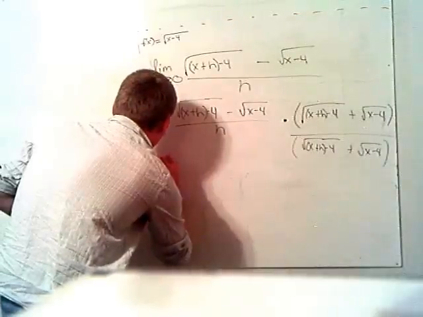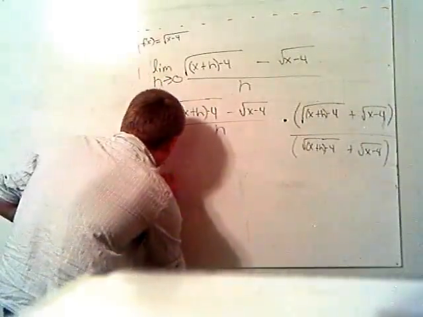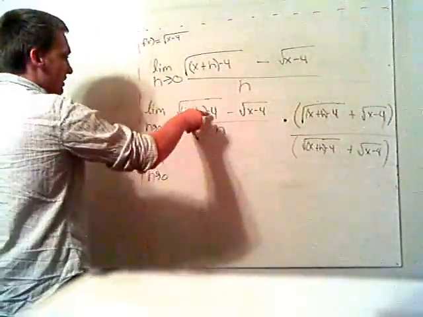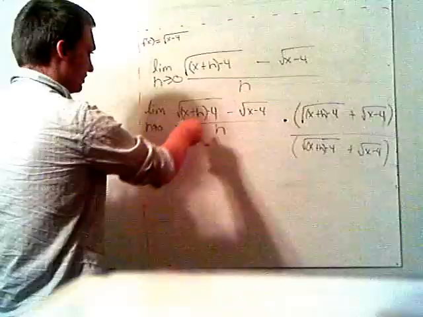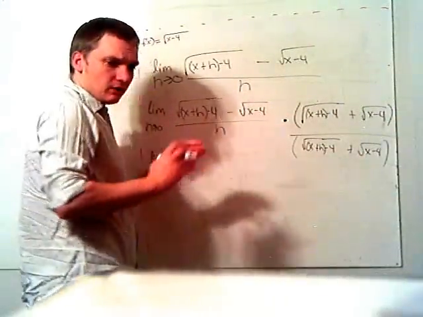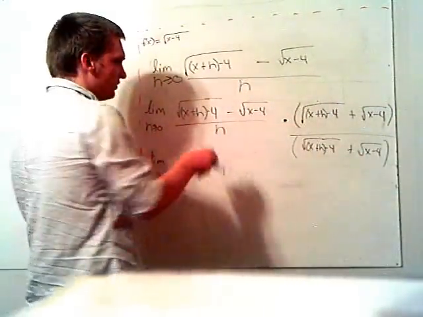So we have the limit as h goes to 0 of, if you FOIL this, because you're going to have to FOIL this whole thing, and we'll do something a little different for the FOIL on this.